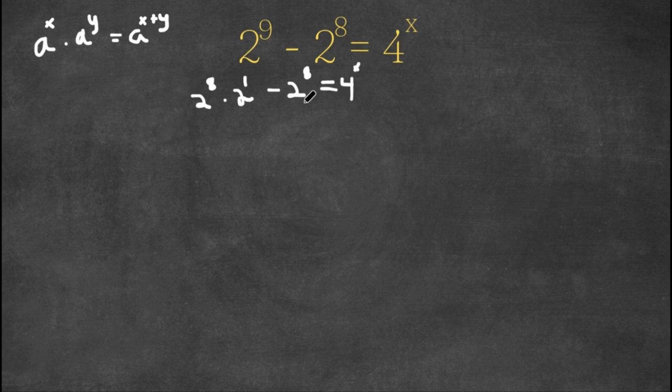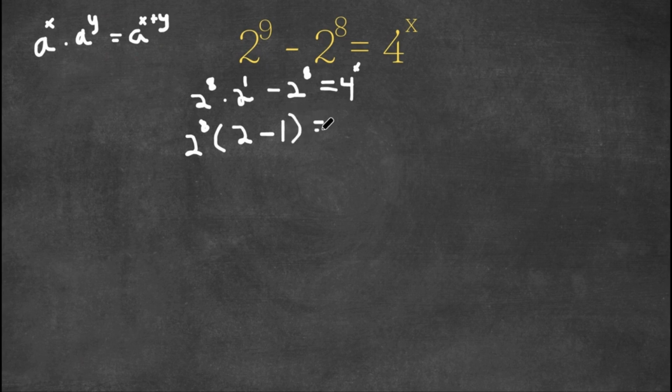Now, since we have two terms with 2 to the power of 8, I'm going to factor 2 to the 8 out of this expression. So now we have 2 to the power of 8 times, if we take out 2 to the power of 8 from 2 to the power of 8 times 2 to the power of 1, we're simply left with 2 to the power of 1, which is the same thing as 2. And minus 2 to the power of 8 divided by 2 to the power of 8 is 1.